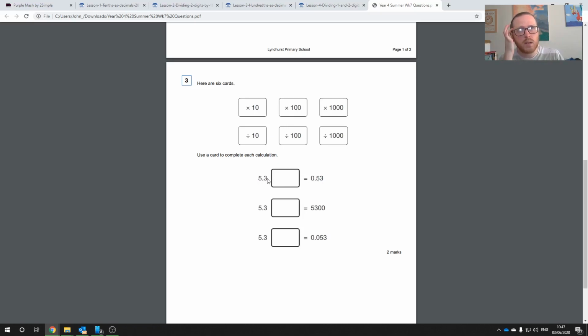By 5.3, if it's getting smaller, it's probably not going to be one of those multiplying ones, is it? It's going to be one of these division ones. Again, here, 5.3 multiplied or divided by something is 5,300. That's a bigger number, so it's probably going to be a multiply. So use those little clues to help you out.